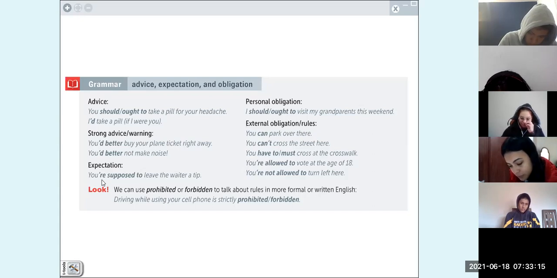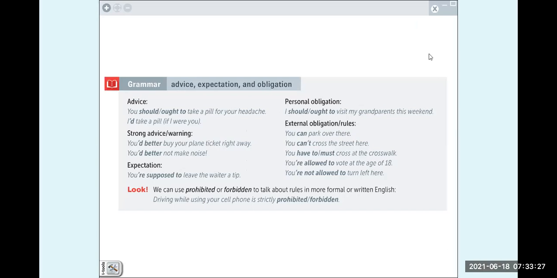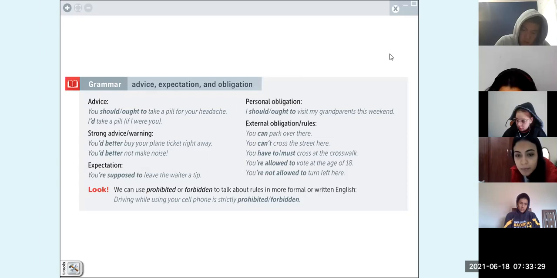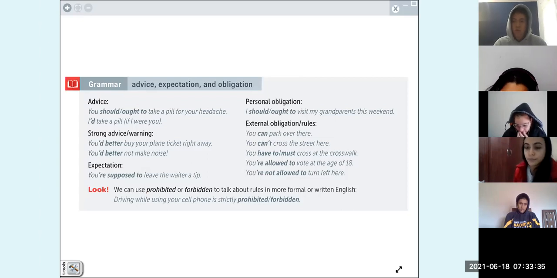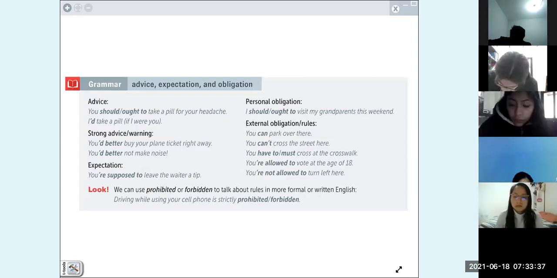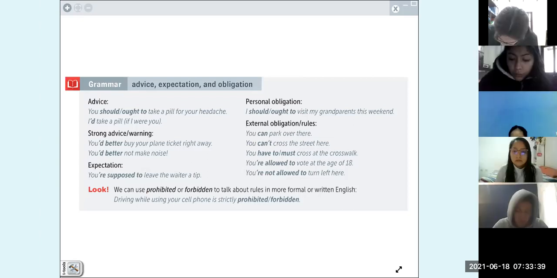What about personal obligations? Something that you say to yourself, I should, or I ought to do this. Okay, for example, here we have, I should or ought to visit my grandparents this weekend. Something that it's personal. What do you think? Teacher, it can be I should to do all my homework on Saturday.